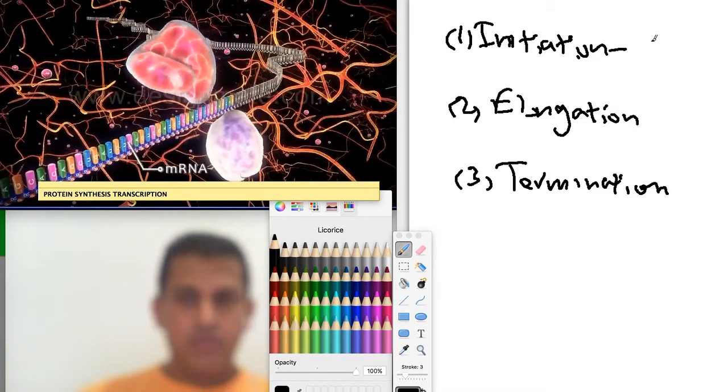Then the large subunit binds. Elongation: new tRNA brings amino acids and makes the condensation reaction to make the polypeptide chain. Termination: the termination codon is reached, the whole process is disassembled and all molecules are separated, and the polypeptide chain is formed.